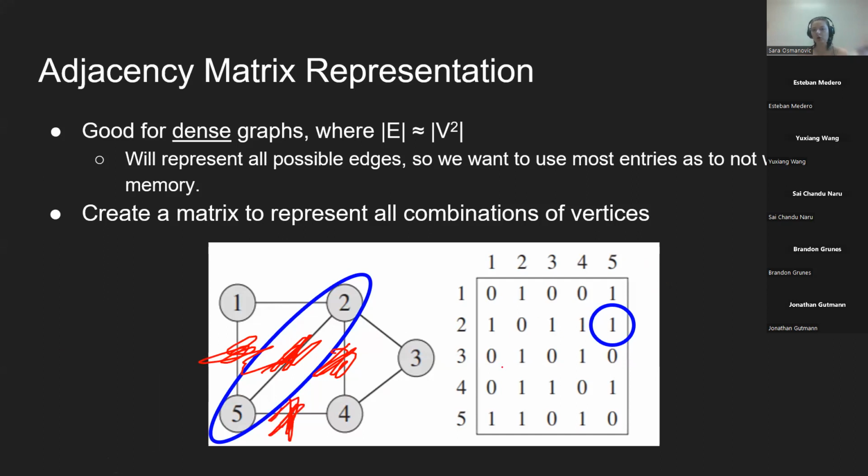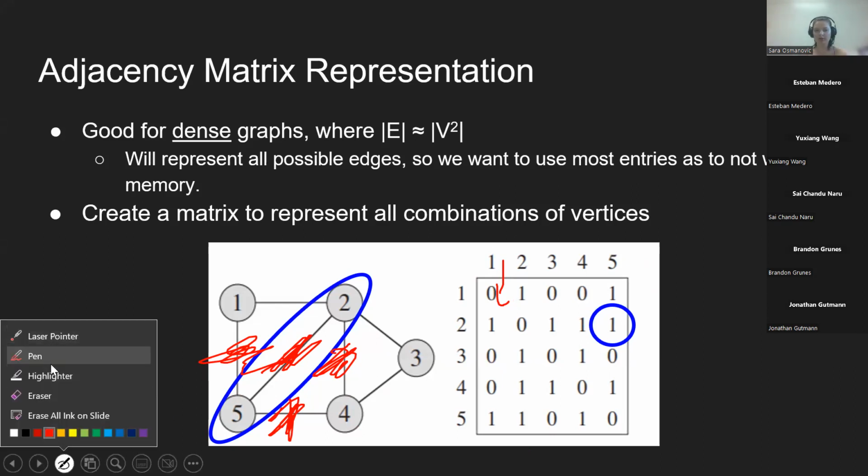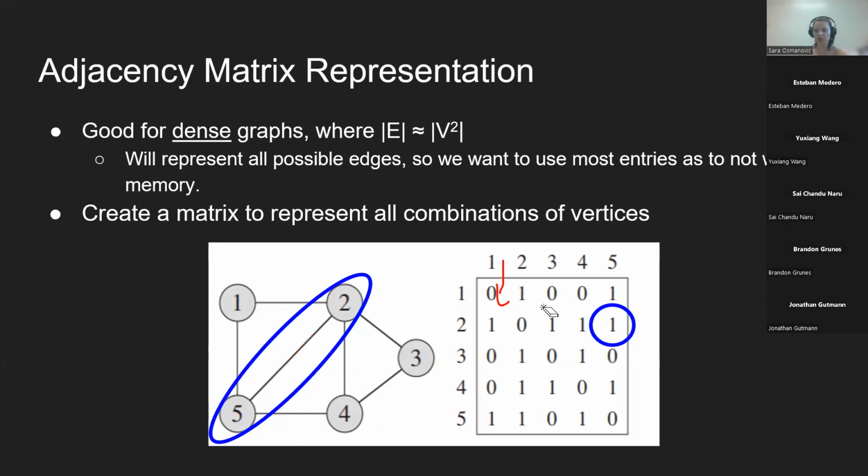You would have so many zeros, and they mean nothing. You have to store them somewhere. You're wasting an integer-size memory location for a zero, for something that doesn't exist. So in those cases where the graph is sparse and you don't have a lot of edges, you want to use a list, and you're going to want to use a list specifically for project 2.